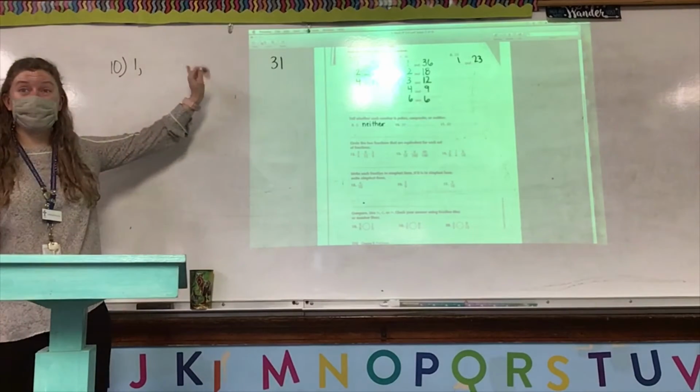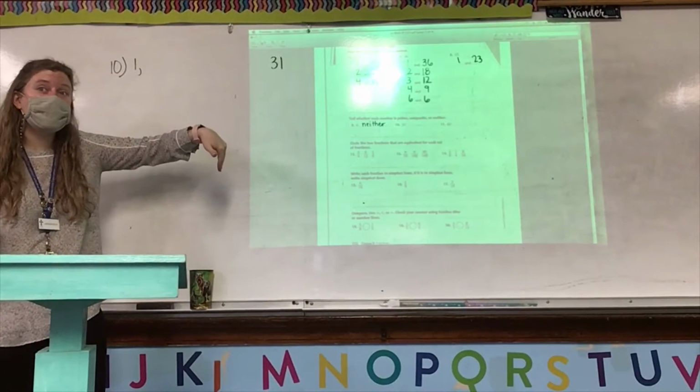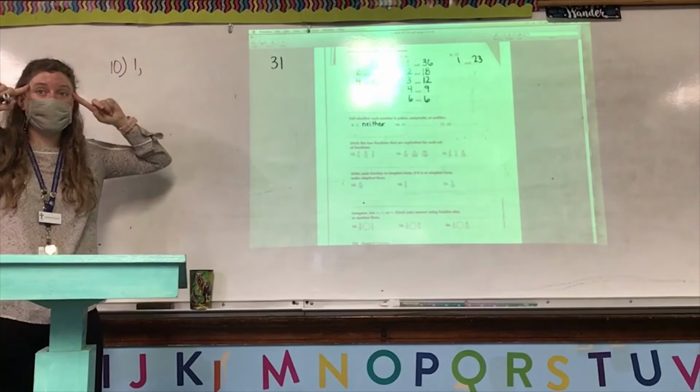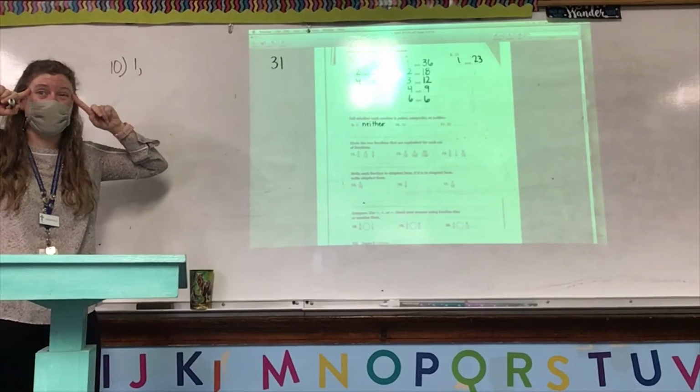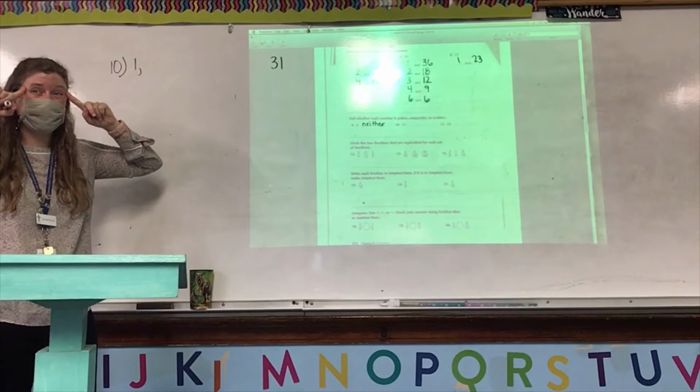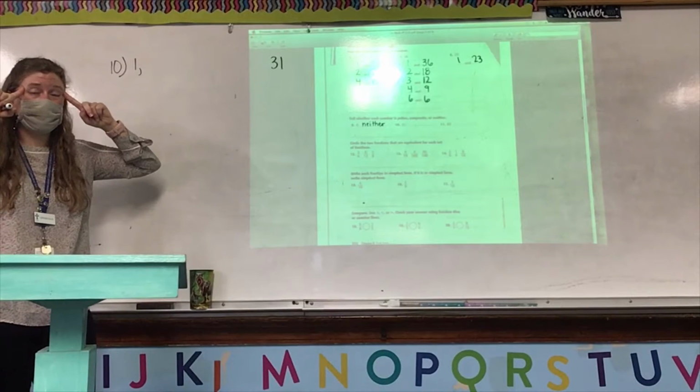We know if 3 times 12 is bigger, then any other basic fact number times 12 is going to be bigger. So now we're just thinking, is there a basic fact with 4 that equals 31? What about 5? What about 6? What about 7? What about 8? What about 9? What about 10?